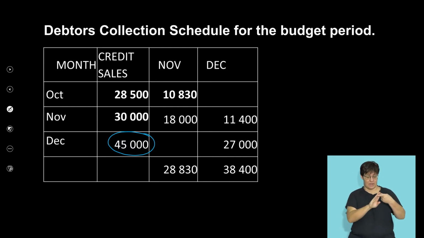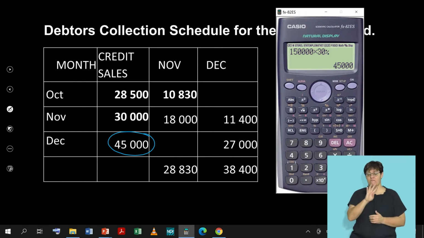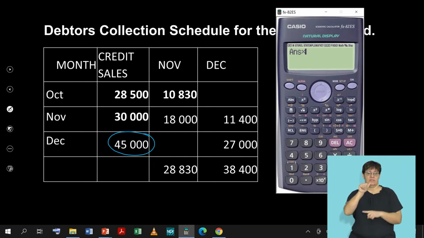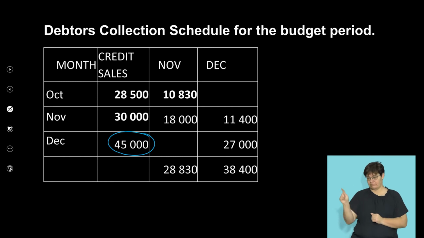Okay, step number one. Now I know that's my credit sales for December, what percentage will pay me? It was 60%. So obviously, if you take 45,000 times your 60%, there we get a figure of 27,000 Rand. There's our 27,000 Rand that we require.